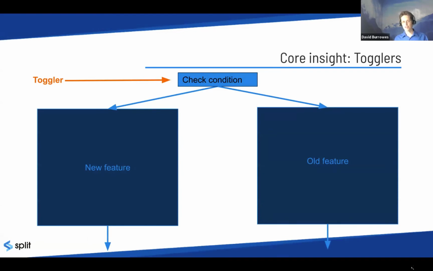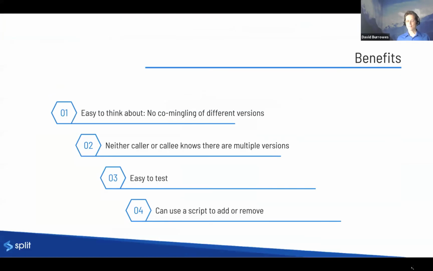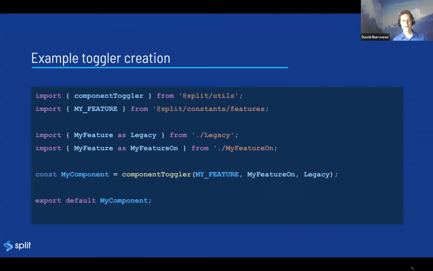And actually, if you look at this example we had a moment ago, now it's really easy to introduce a feature flag in your code base. You can have a script that says, you point out this function and say, please clone that. It clones that, drops in a toggler, and now you've got a working feature flag system. Now I want to talk briefly about how this works. In this example, I'm creating one of these togglers.